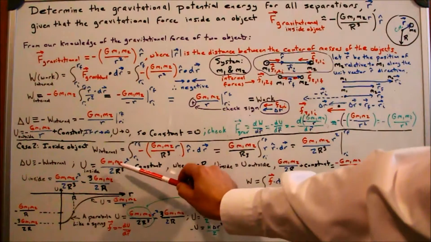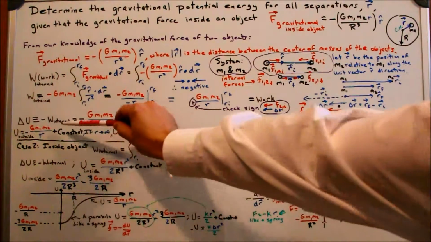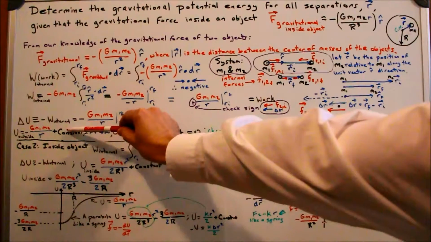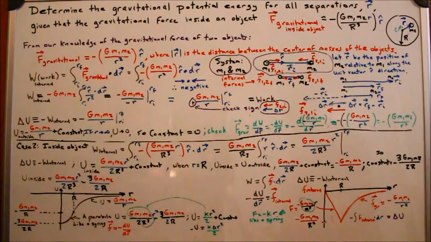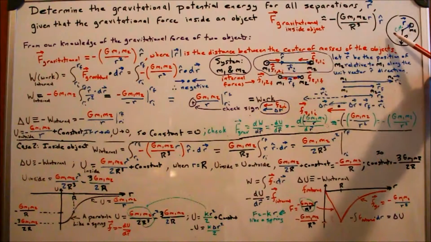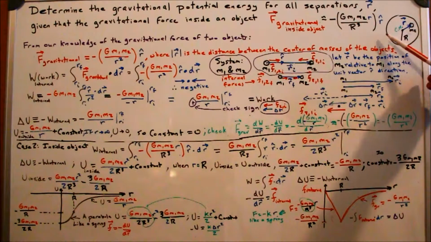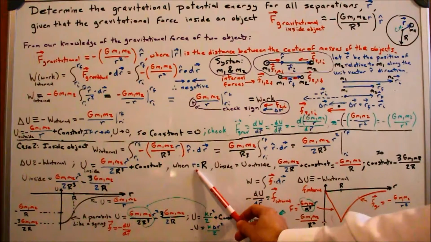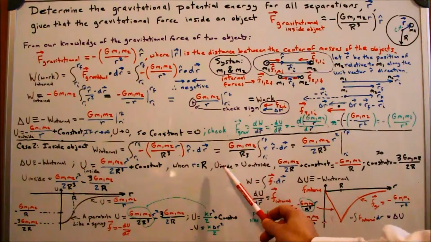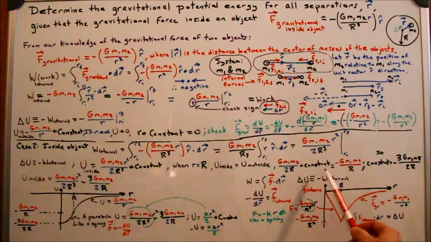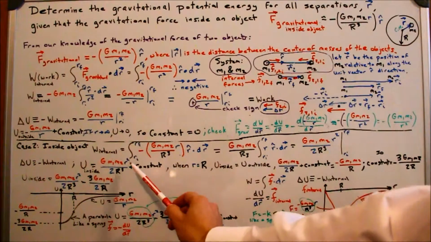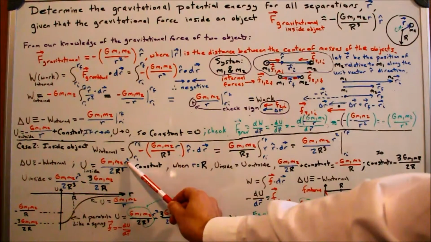So we now have two equations for gravitational potential energy, one outside and one inside. Those two values should be the same where I'm right at this edge, transitioning between inside and outside the object. So when little r equals big R, these gravitational potentials are the same. I could take this value right here and substitute in big R for r.